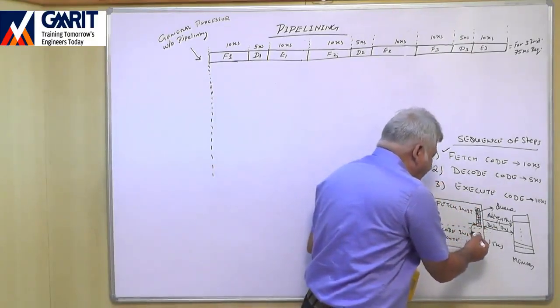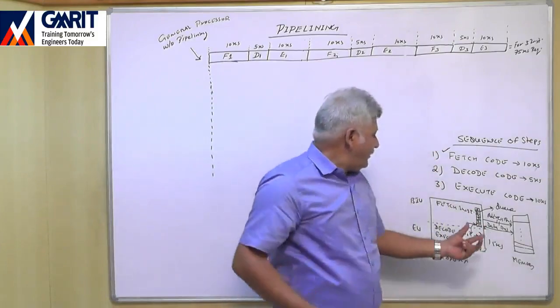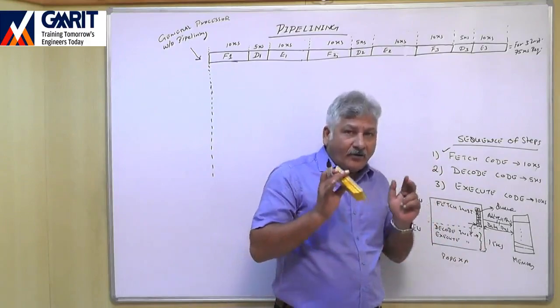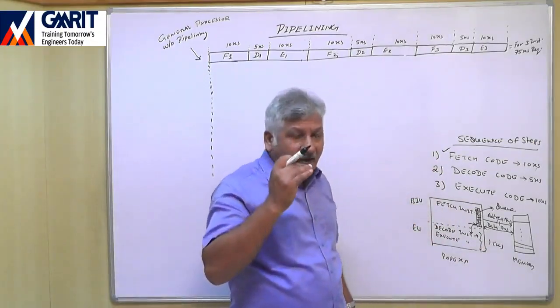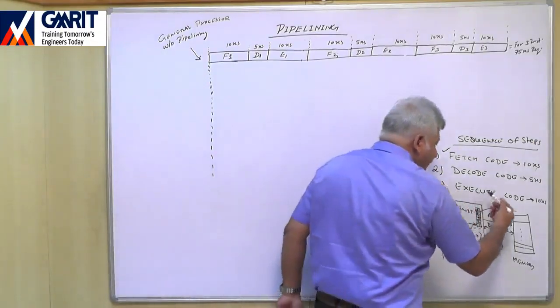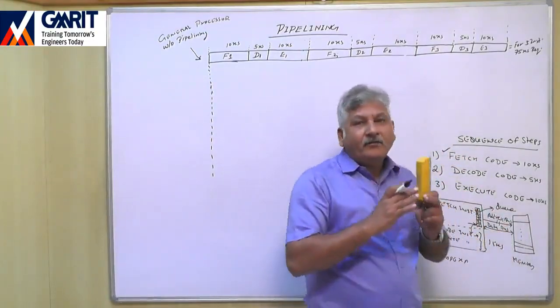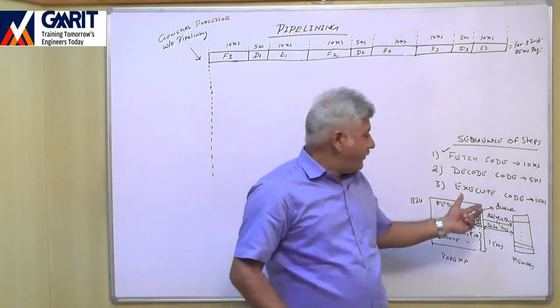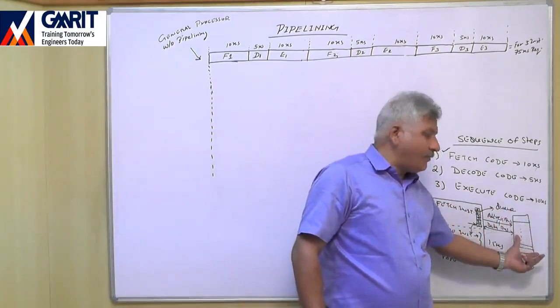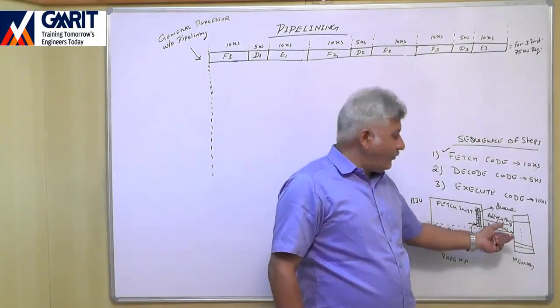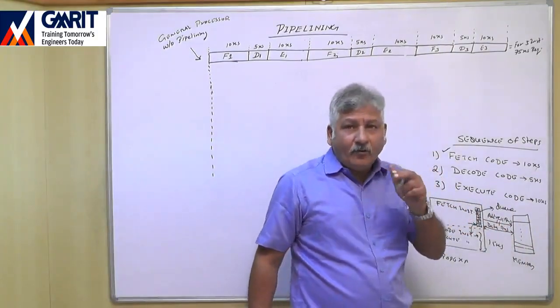So from here itself it will come to the execution unit for decoding and execution. Always remember, if the processor is accessing something from memory, it will take more time, because it has to activate the memory, then the memory will transfer the data over the data line, and only then will it come inside. So it will take more time.